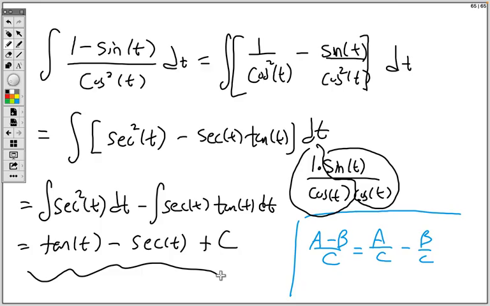And once again, to check your answer, take the derivative, rewrite using trigonometric identities, and then you do a little algebra to get back to the original integrand. If you do want to check this on Desmos, you need to switch out the t as the independent variable and switch in the x to check it on Desmos.